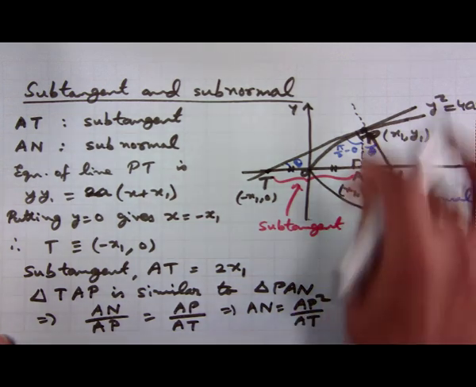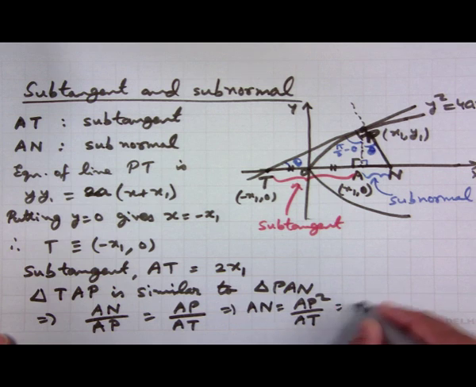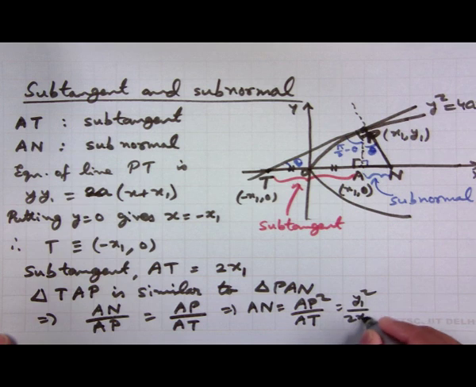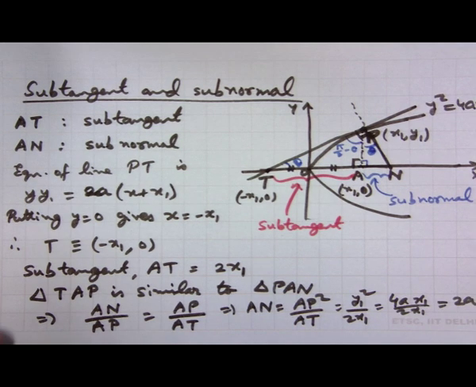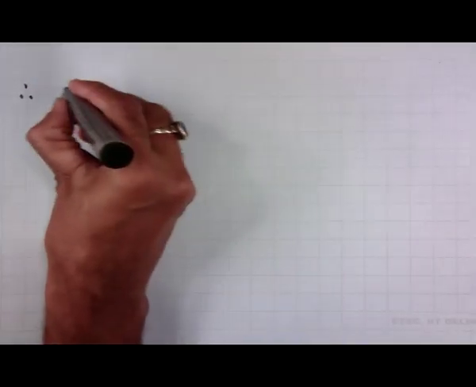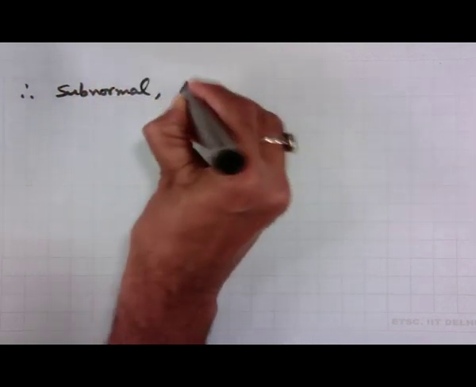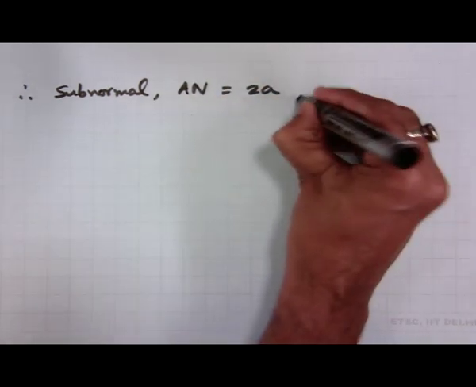But what is the length AP? AP is nothing but y 1, this is y 1 square by AT is 2 x 1, but y 1 square is 4a x 1 divided by 2 x 1. So, this is constant 2a. So, therefore, subnormal AN is equal to 2a, which is a constant.